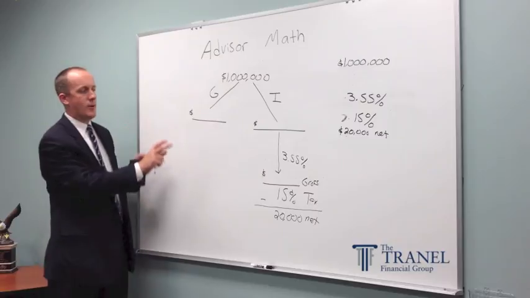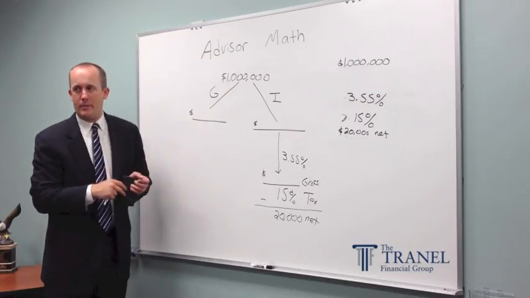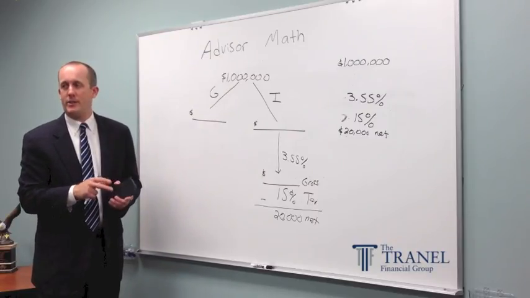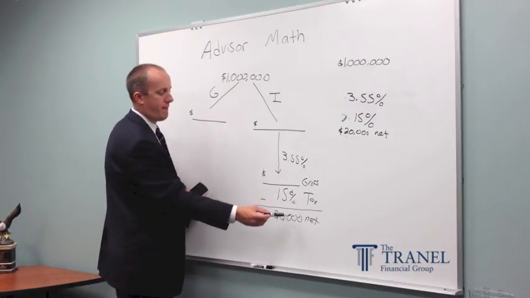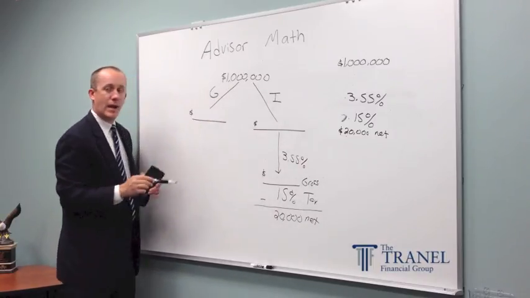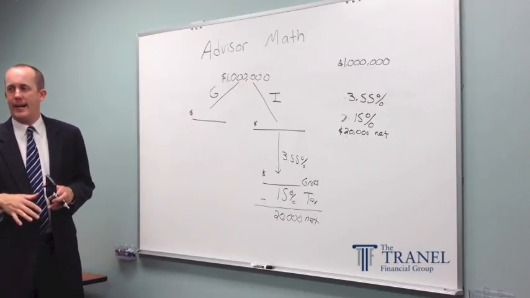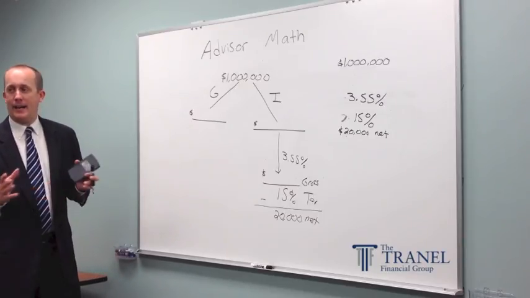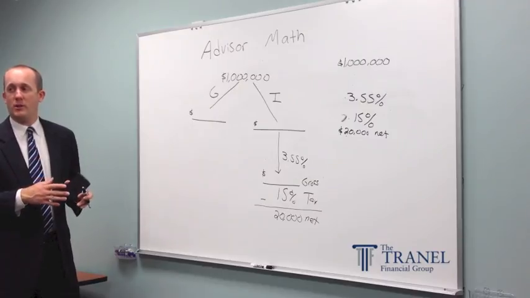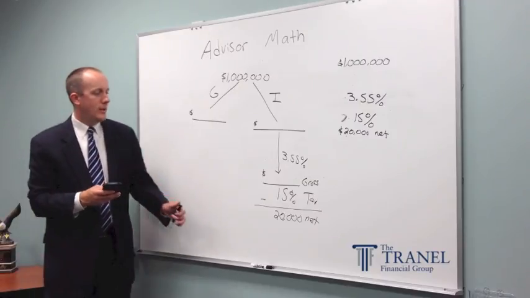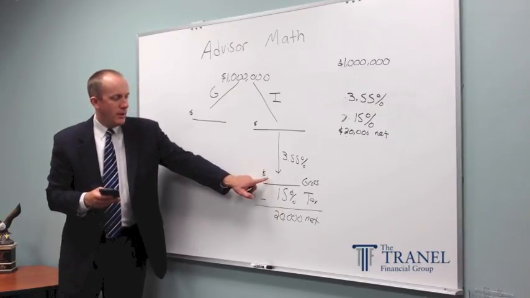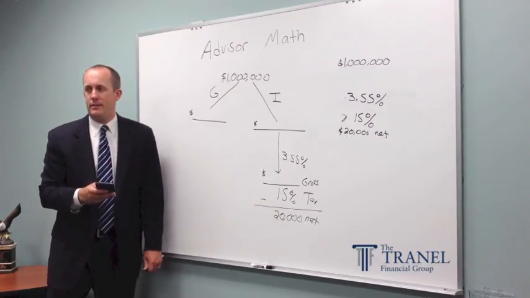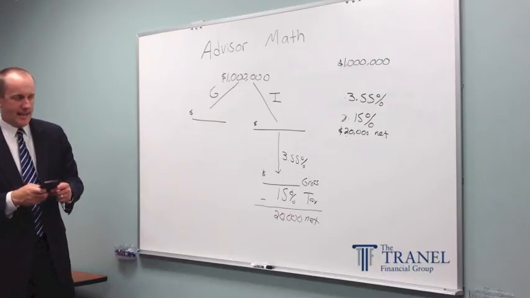This scenario is extremely common in the financial planning practice you're going to run, and you need to get very good at figuring all this out right in front of the client on the fly and give them that aha moment of this person really knows what they're doing. So we know to go from here to here, we need to divide by the inverse of that tax.